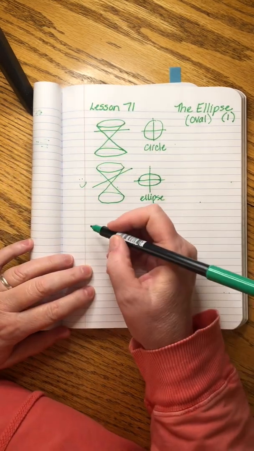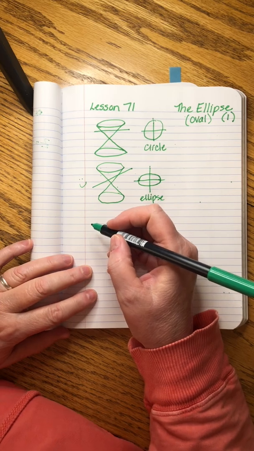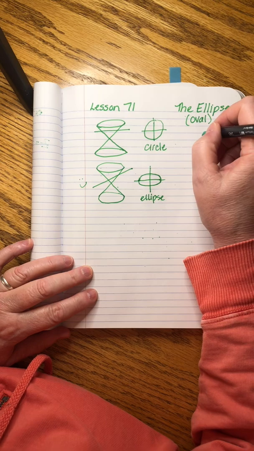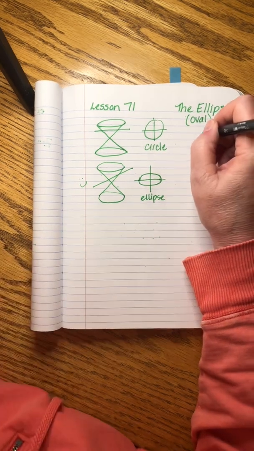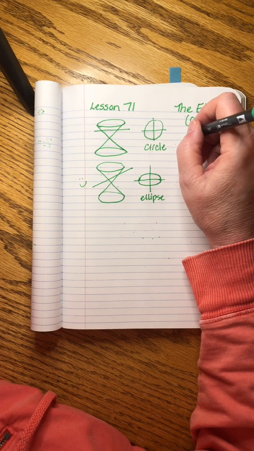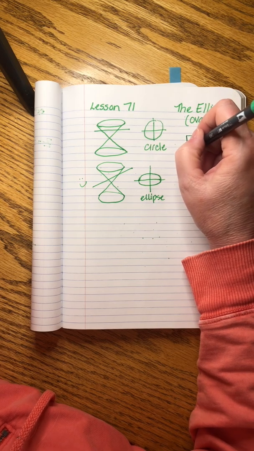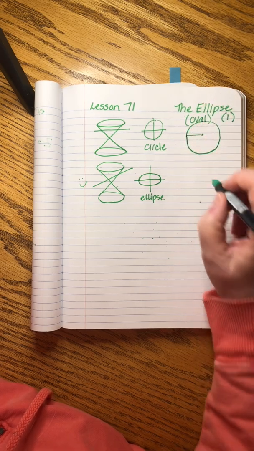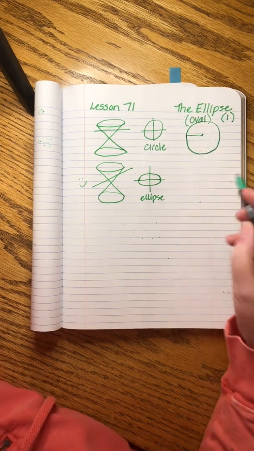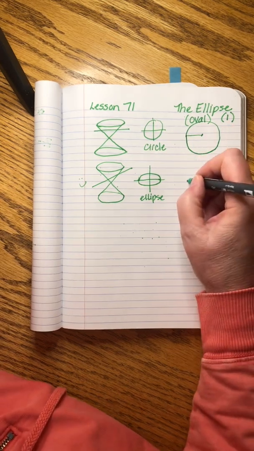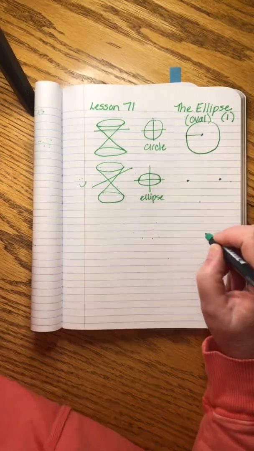Now, another cool way to think about an ellipse. Okay, with a circle, if you put a point down in the middle, imagine that's a thumbtack, and then take a piece of string, and then put your pencil in the end of it, draw a loop, for heaven's sake, and you go around, what you get is a circle, right? So thumbtack, string. Now, for this one, instead of having one center, we're going to have two centers.